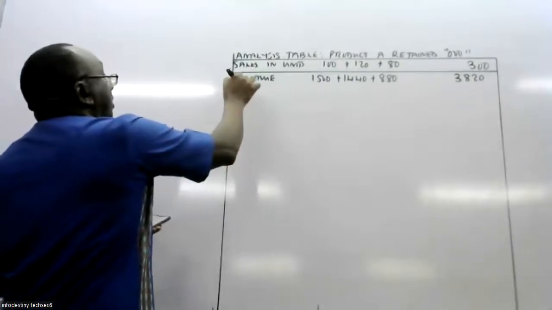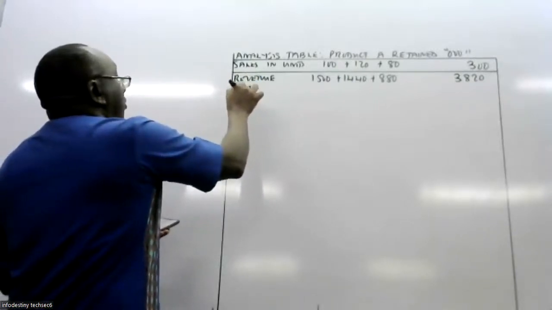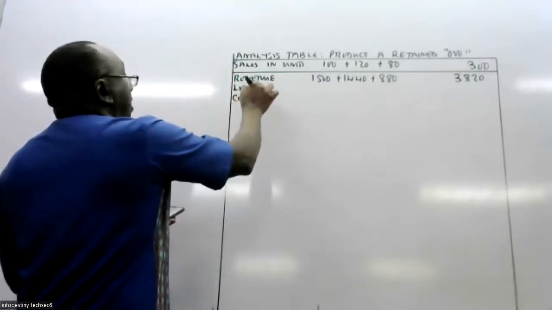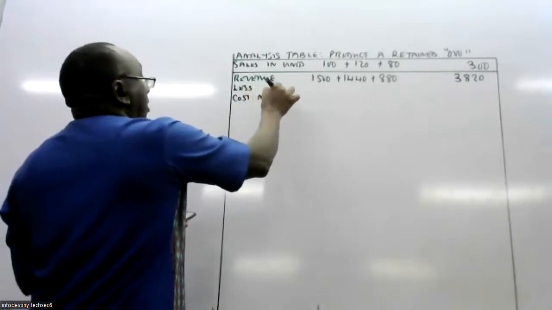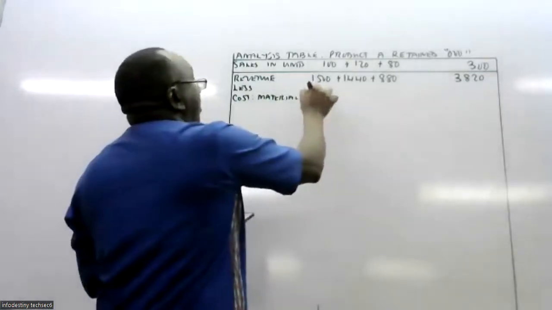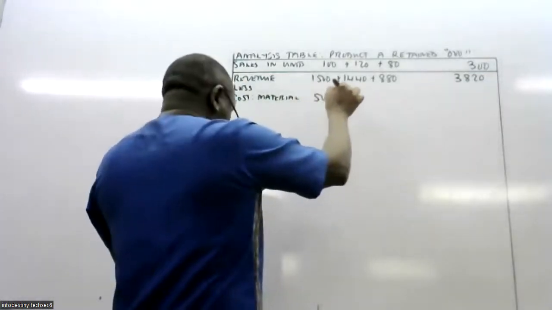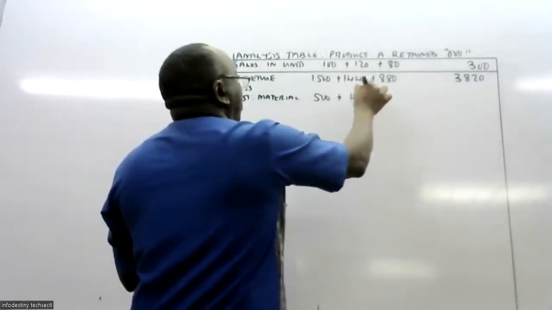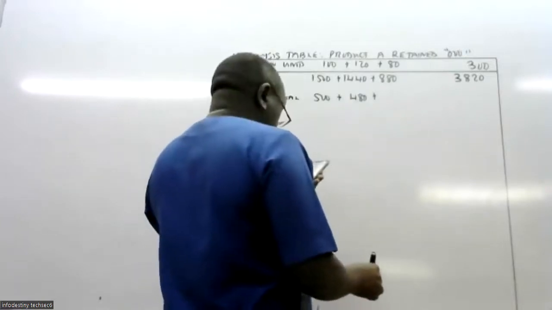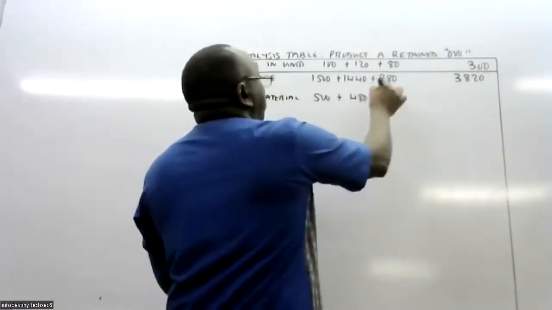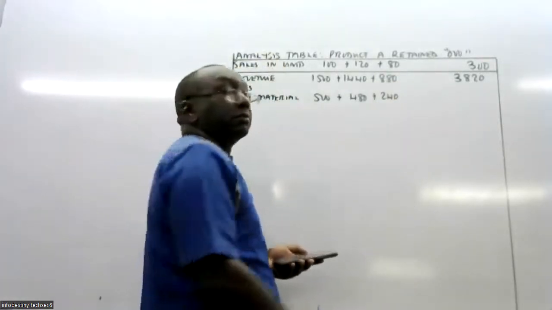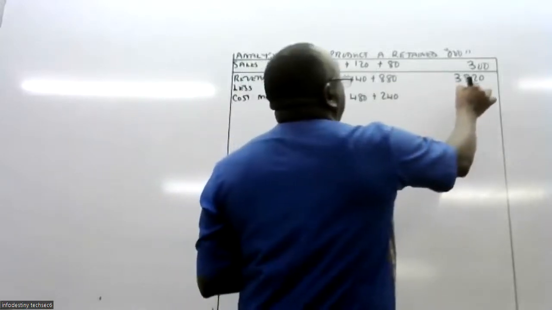Then we raise costs. And these costs, the first one is material. Material is 500 plus 480 plus 240. 1,220.